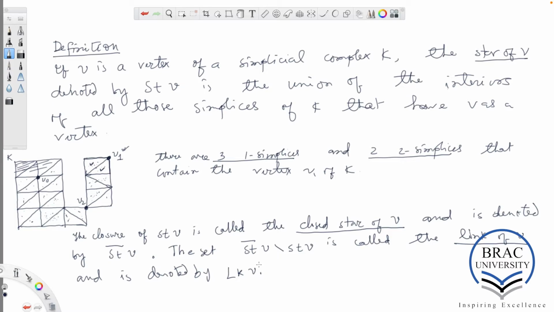So these are the three notions: the star of v, the closed star of v, and the link of v, that are important for the future results in this lecture.